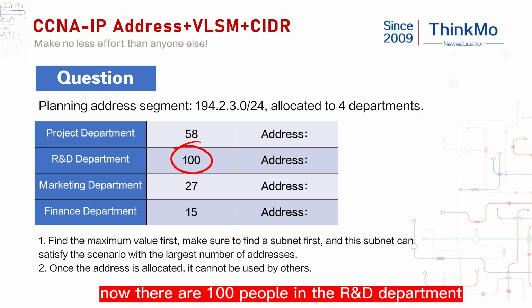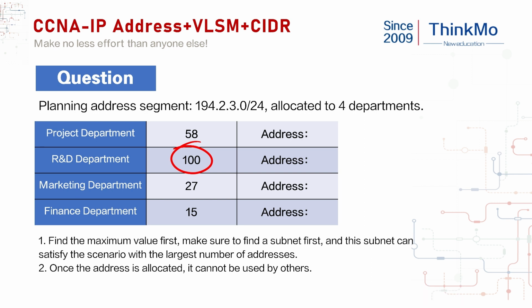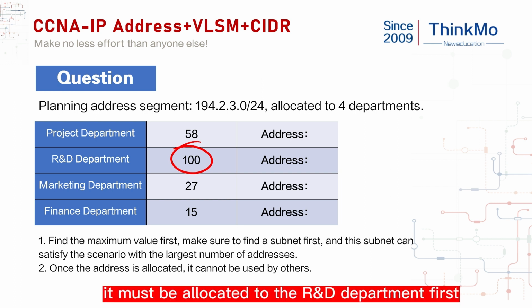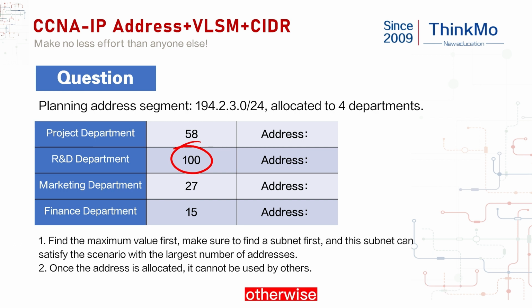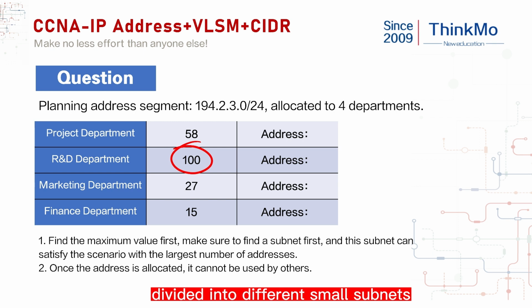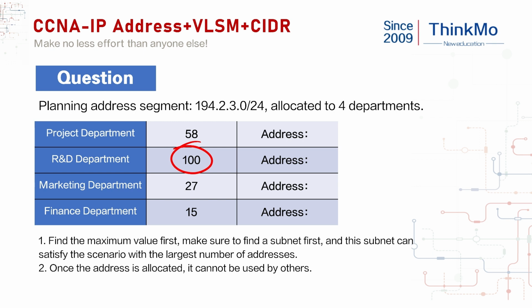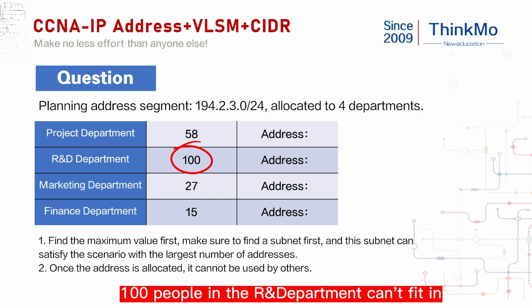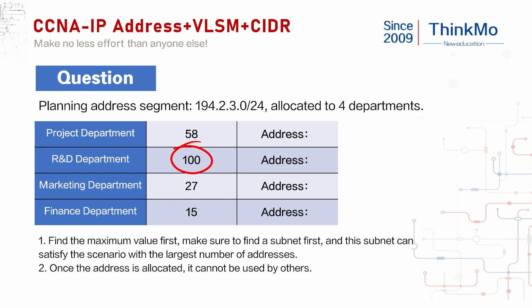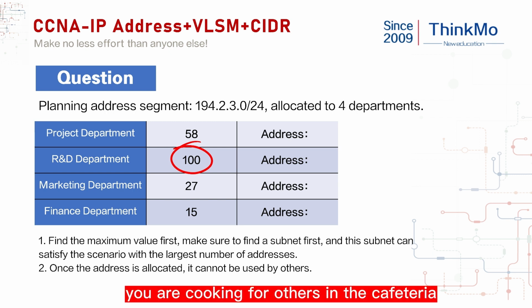Now there are 100 people in the RAND department. Therefore, it must be allocated to the RAND department first. Otherwise, after planning the address and dividing it into different small subnets, eventually you will find the 100 people in the RAND department can't fit in. This will not work. It's like you are cooking for others in the cafeteria.